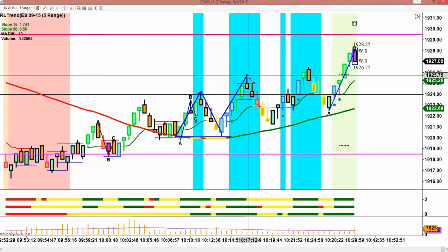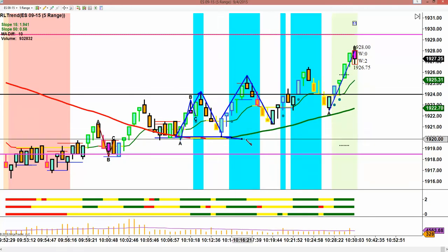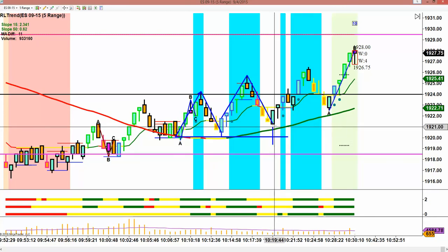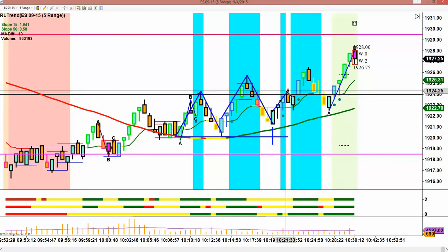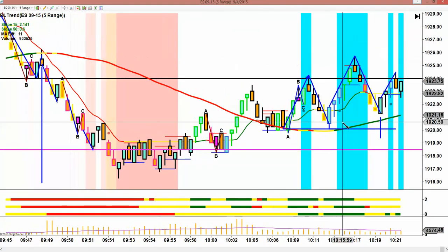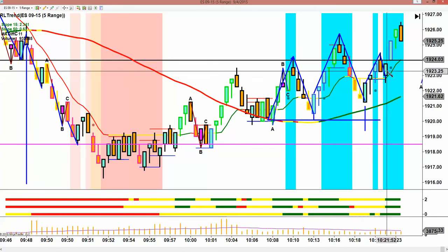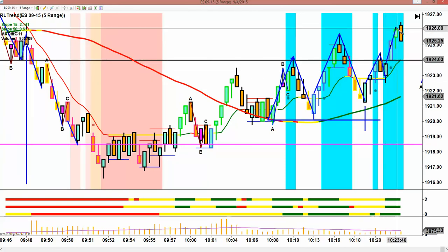In this move, it retraces. And up you go again. Then this is a tough trade, just your standard retracement trade, because it's into the point of control.